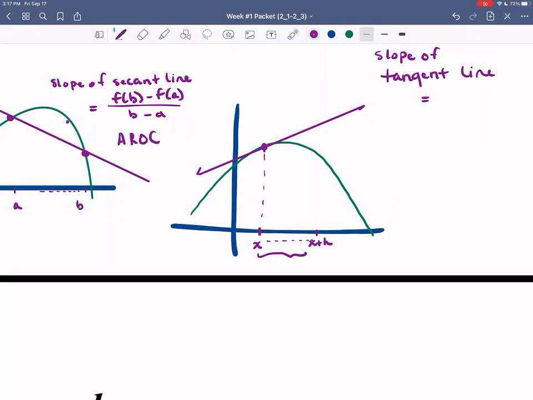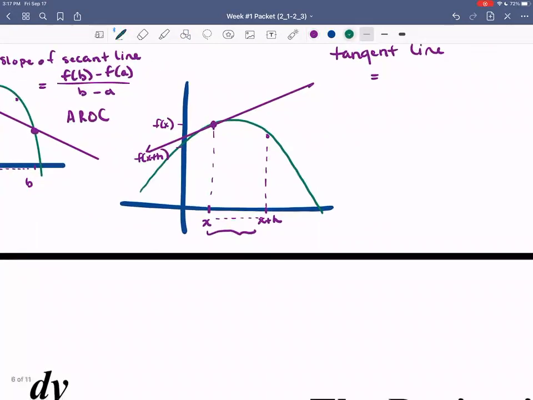Up here we have f of x, and over here on our graph we have some f of x plus h. To compute that derivative, the slope of the tangent line, we compute these slopes of secant lines that approach our tangent line.